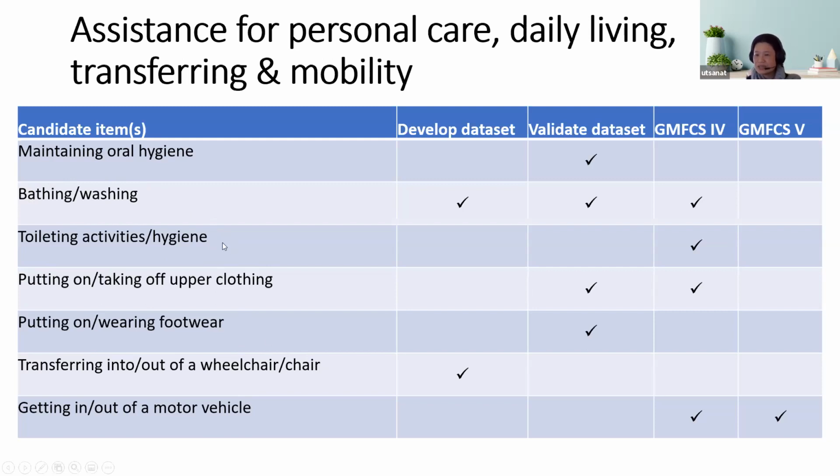The toileting activities and hygiene correlate with putting on and wearing footwear. The taking off upper clothing also correlates with the wheelchair. So there is a complexity of correlation within the domains as well, and that can help us a little bit. If we select one, we can potentially drop off the other, but again, it is not finalized at the moment.